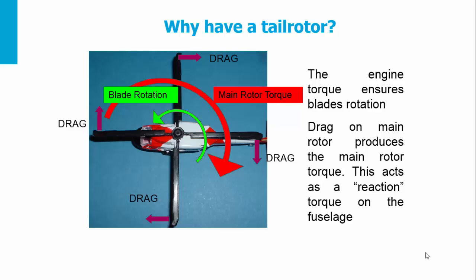Let's next concentrate on why we need a tail rotor. As you know, the engine torque ensures blade rotation. Because of this, drag on the main rotor produces the main rotor torque. This torque acts as a reaction torque on the fuselage.